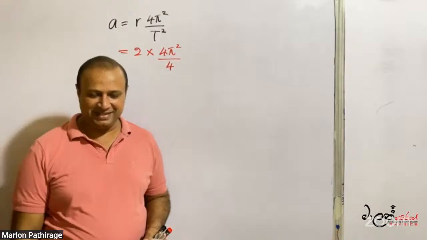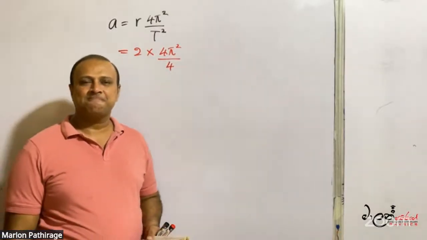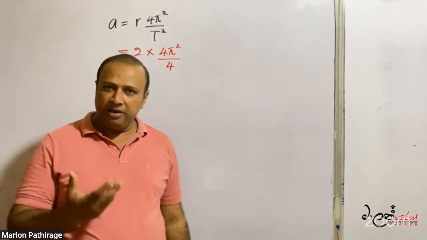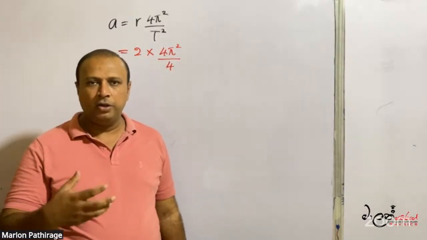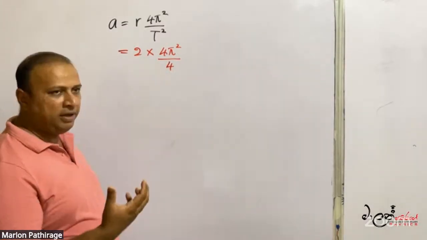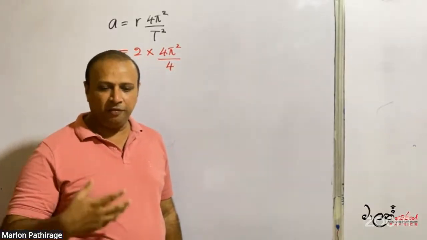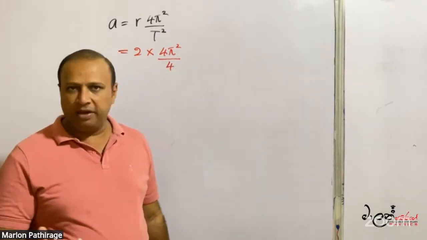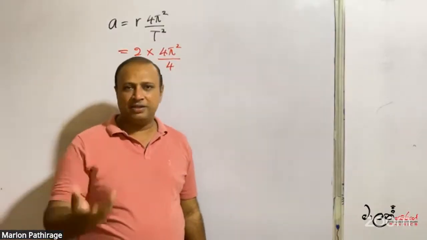Now period is constant. Period means capital T. If period is a constant, definitely omega should be a constant. Therefore, here omega is a constant.